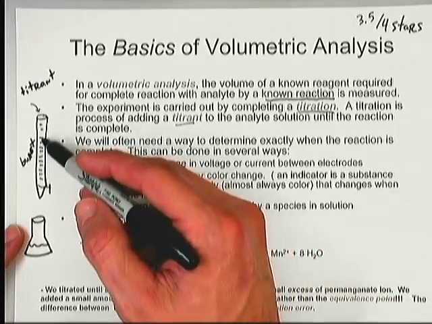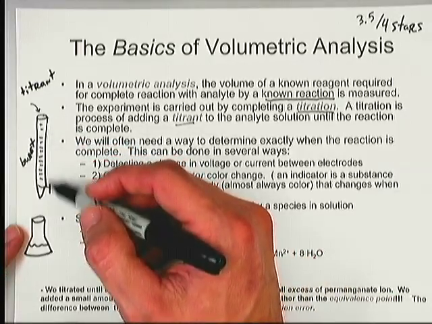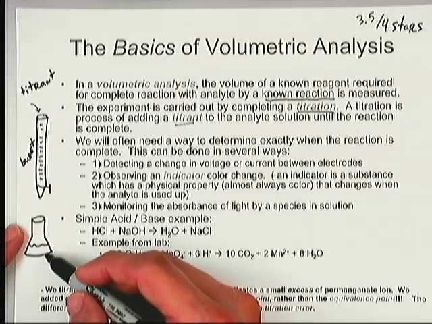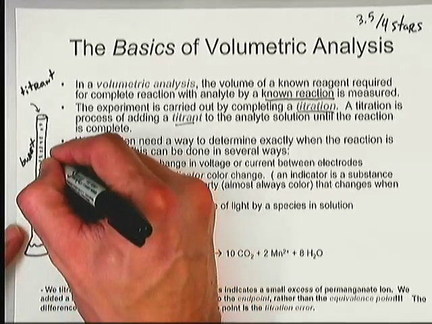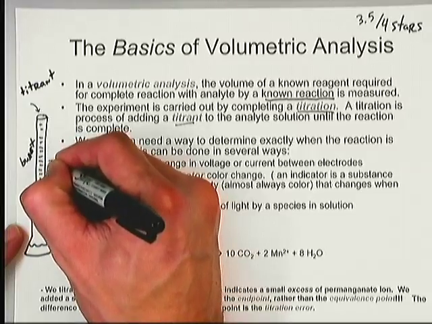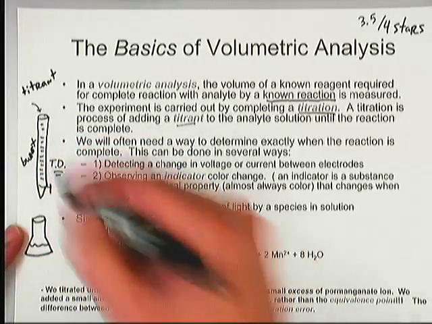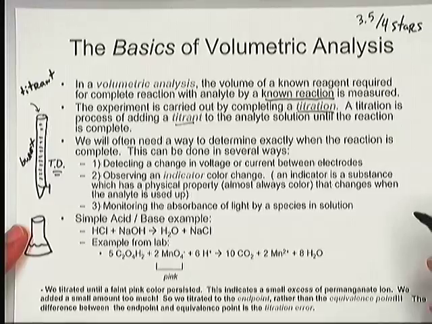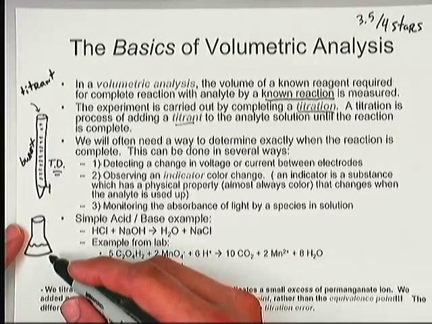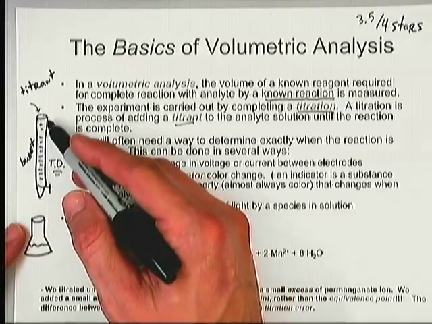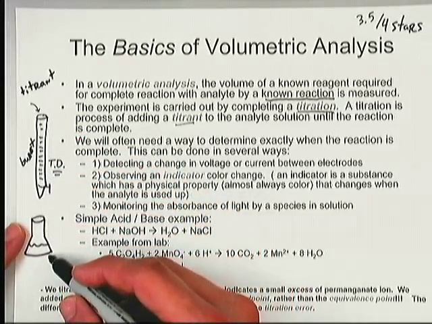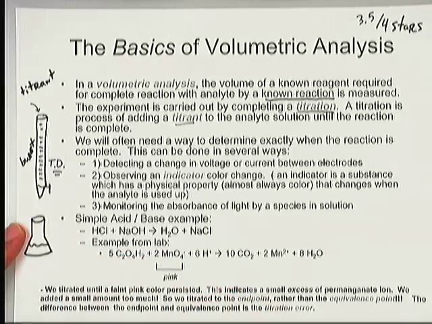We're going to use the burette to deliver the titrant into this receiving flask. I use that word deliver because burettes are calibrated TD, which stands for to deliver, so they deliver the stated volume into a receiving flask. The experiment works by continuing to deliver titrant into the flask until we reach the end point of our titration.